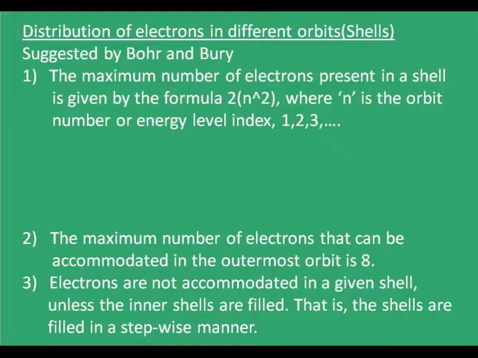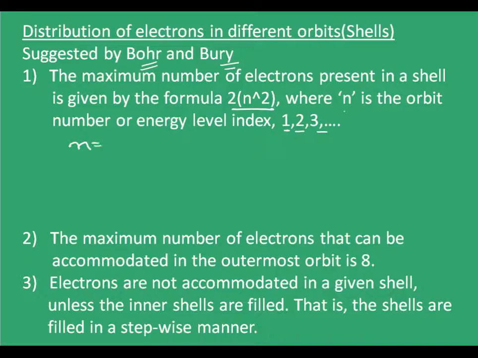Now let's see how these electrons are distributed in different orbits. This model was suggested by Bohr and Bury. The maximum number of electrons present in a shell is given by the formula 2n², where n is the orbit number or energy level index, that is 1, 2, 3 and so on.